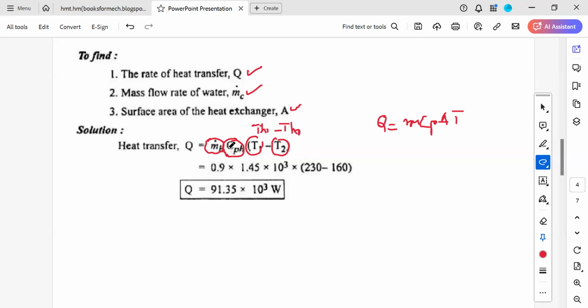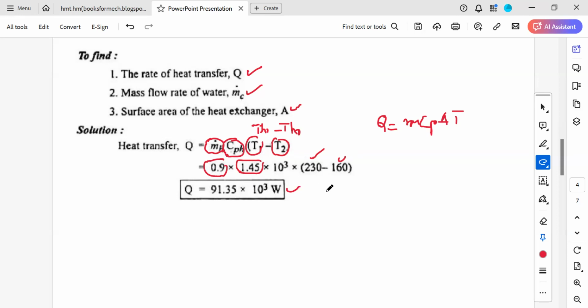If you substitute the values, 0.9, 1.45 into 10 power 3, and 230 and 160, we will get Q equal to 91.35 into 10 power 3 watts.